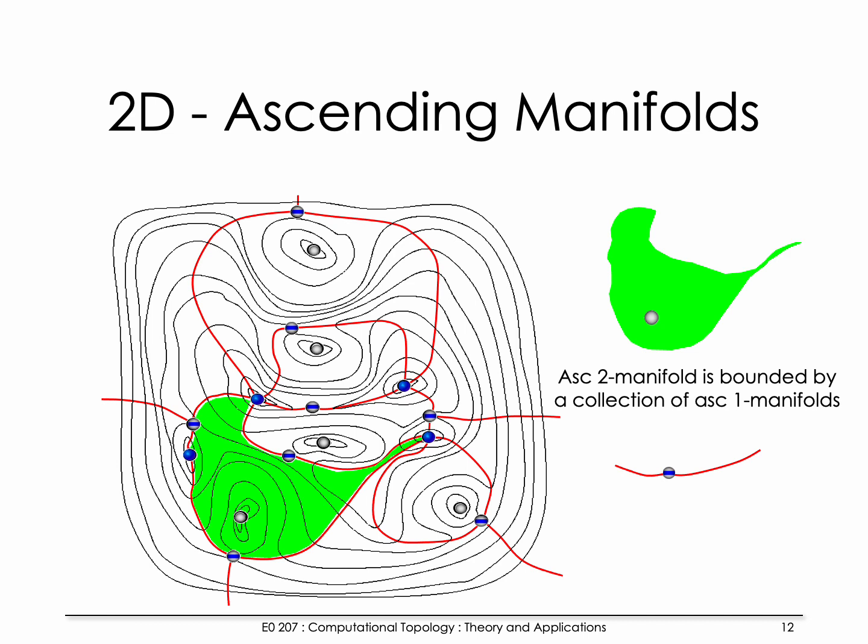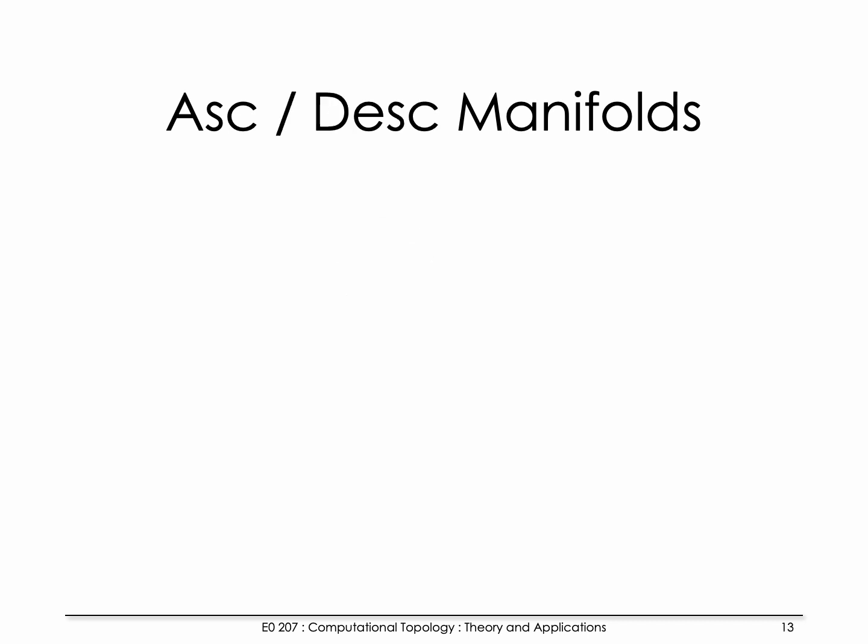That's the collection of ascending 1-manifolds. Similarly, the boundary of an ascending 1-manifold is a collection of the 2 ascending 0-manifolds, which are the maxima. Right. So the ascending manifolds essentially behave very similar to the descending manifolds. We will look at this actual notion of duality soon.